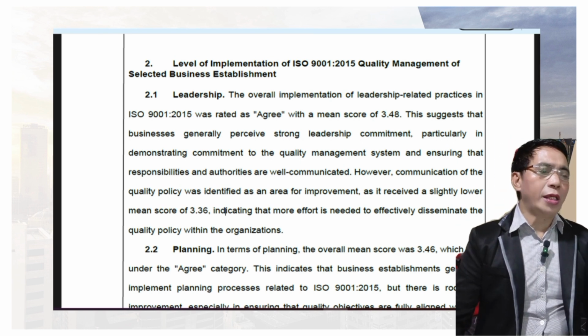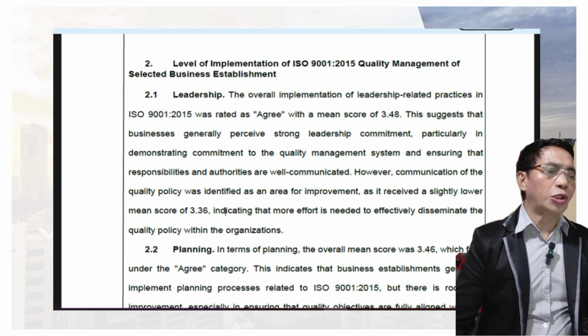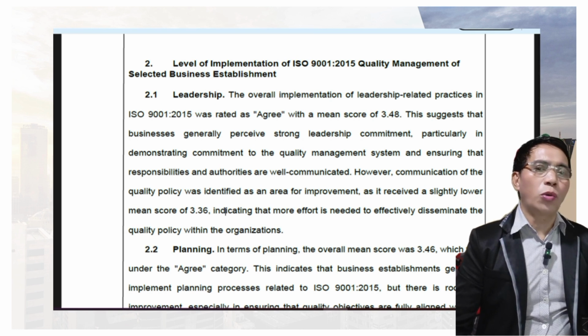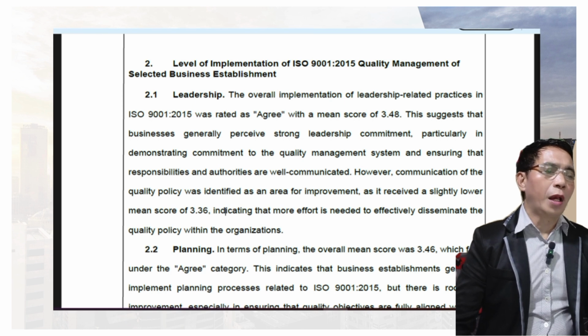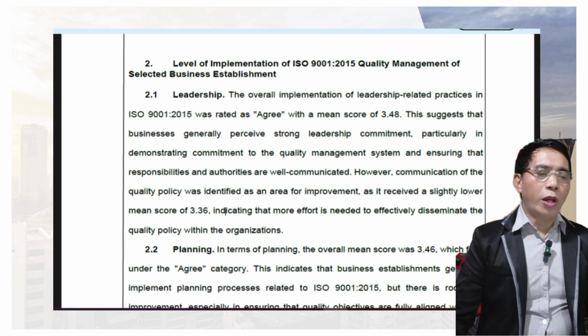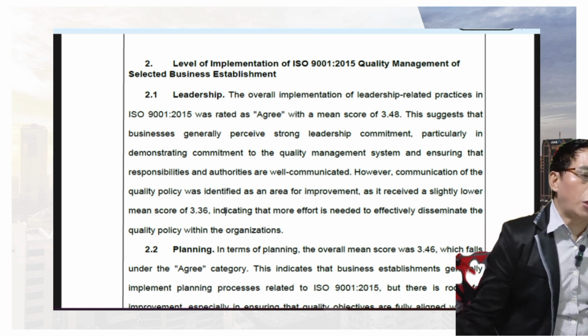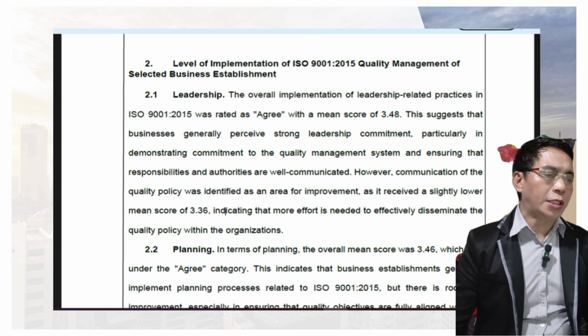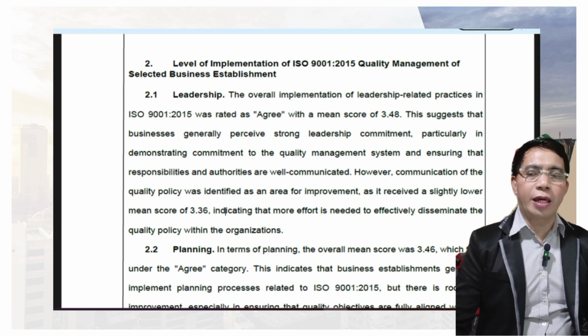In 2.1 leadership, the overall implementation of the leadership-related practices in ISO 9000:2015 was rated as agree in the verbal interpretation, with a mean score of 3.48. On the other hand, in terms of planning, the overall mean score was 3.46, which falls under the verbal interpretation of agree.